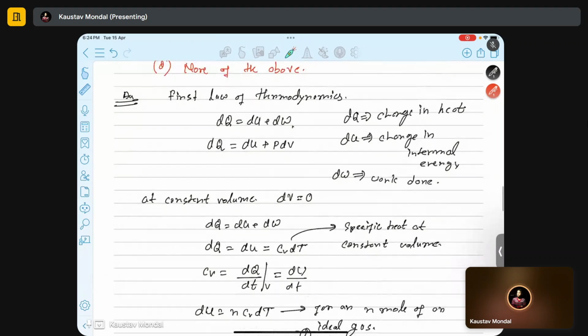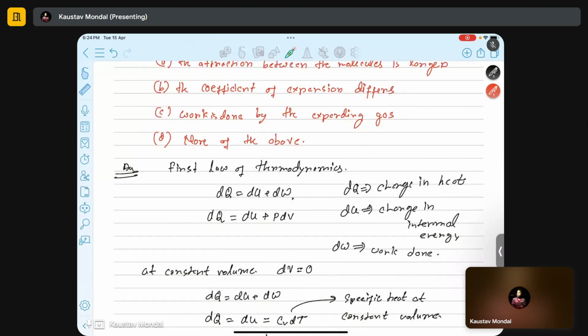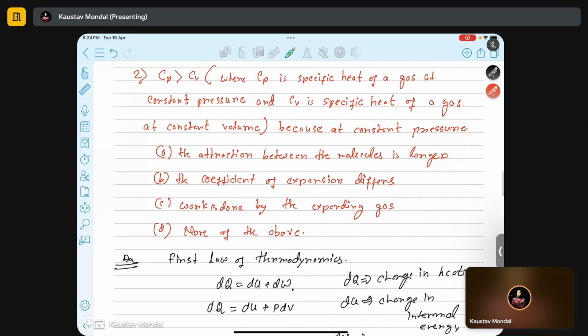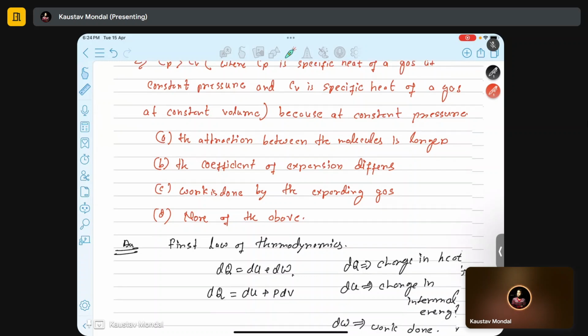The question is asking that the specific heat at constant pressure, that means Cp, is greater than the specific heat at constant volume Cv for an ideal gas. So which of these is the correct answer? Let me write that.